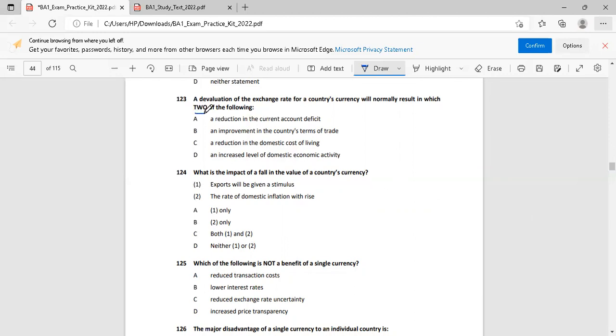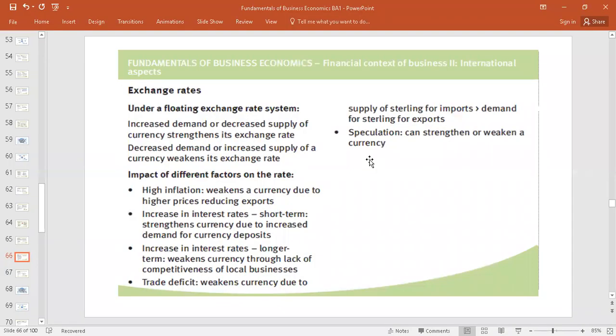A reduction in the cost of current account deficit, an improvement in the country's terms of trade, a reduction in the domestic cost of living, an increased level of domestic economic activity.